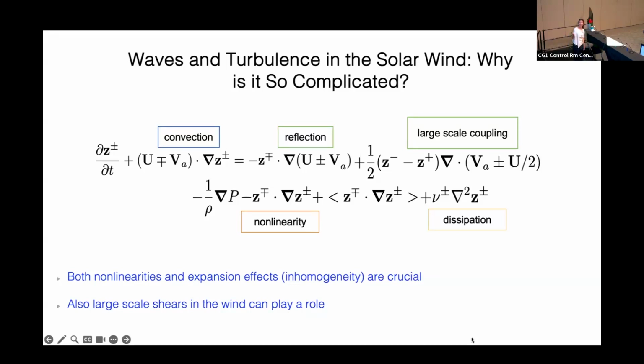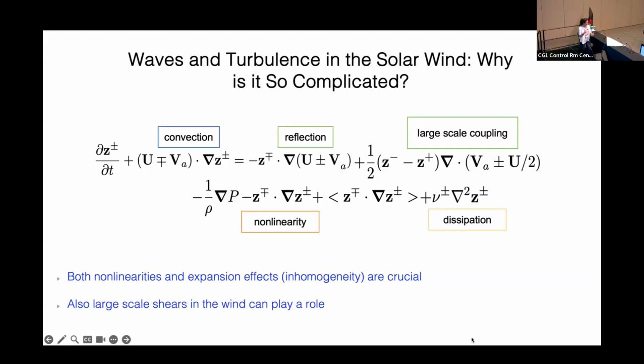And so these are really the starting point equations to study how these fluctuations evolve in the solar wind. And reflection, which is the inhomogeneity of the flow. Because it is expanding, it's important because it reflects waves, okay?